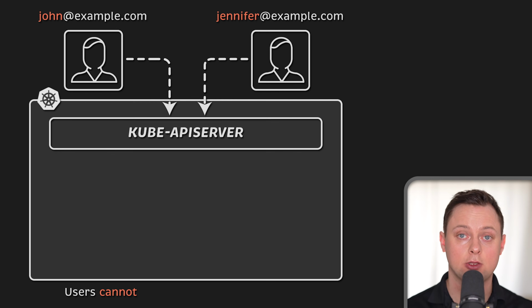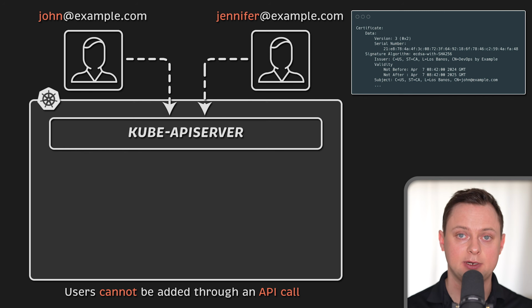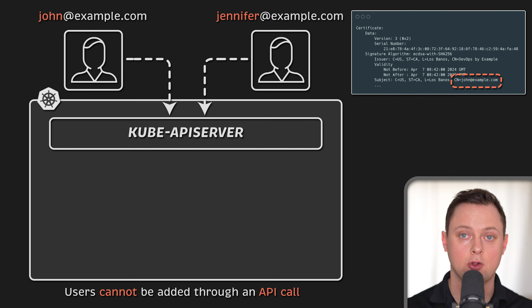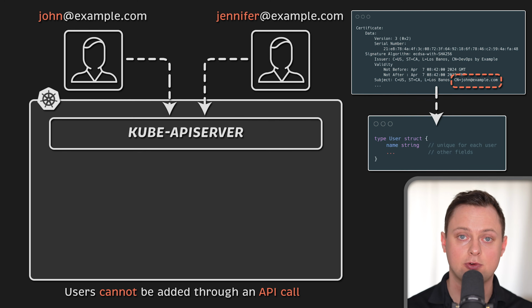So users cannot simply be added through an API call. Instead, any actor presenting a valid certificate signed by the cluster's certificate authority is considered authenticated. In this case, Kubernetes assigns the username from the common name field in the subject of the certificate like this. And a temporary user object is created and passed to the authorization RBAC module.